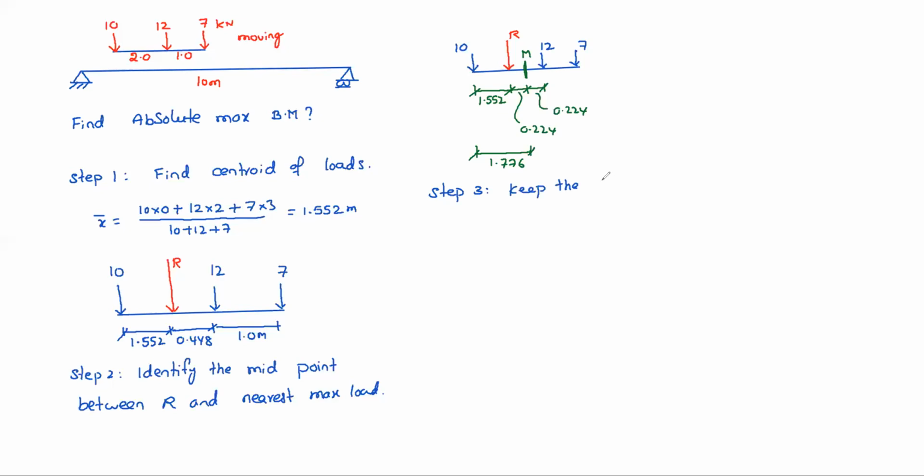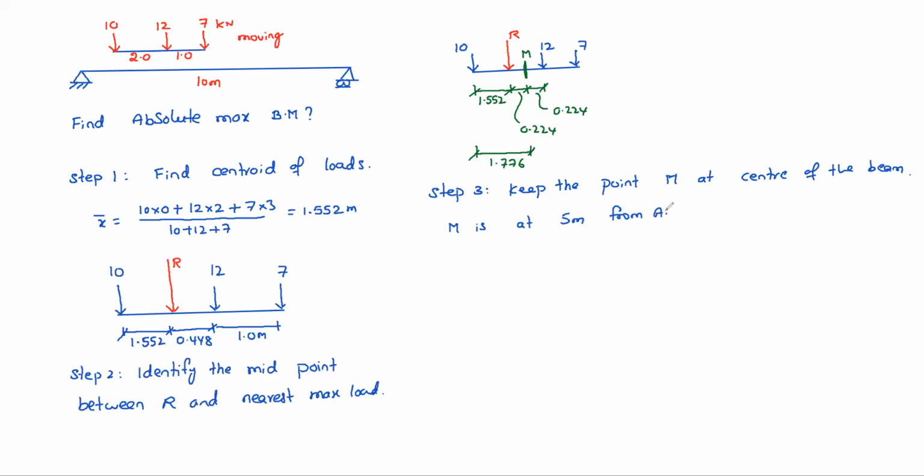Keep the point M at center of the beam. That means M is at 5 meters from A, right?